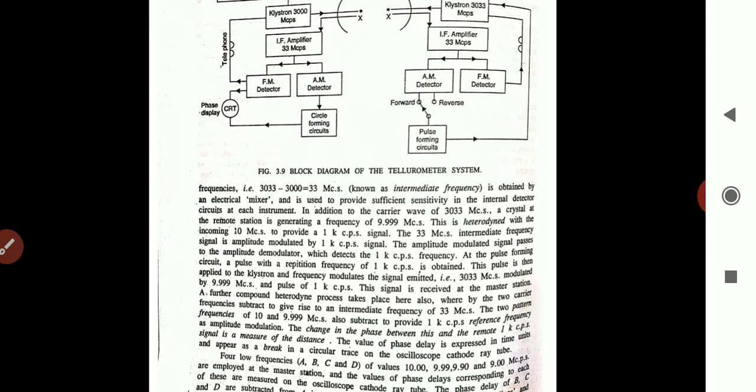We will skip the details of the Distomat and only mention that the Distomat is a very small and compact EDM, electronic distance measurement instrument, particularly useful in building construction, civil engineering construction, and also cadastral detail surveys, particularly in populated areas.